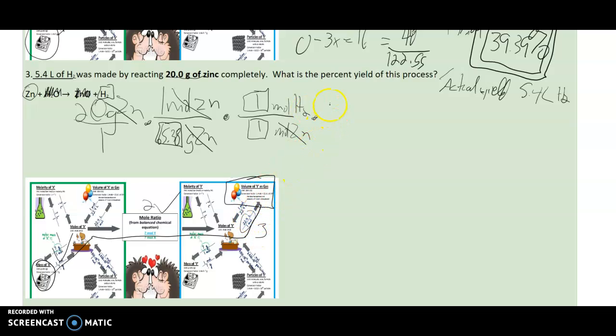22.4 liters H2 over 1 mole H2. Moles cancel. And let's do some math.